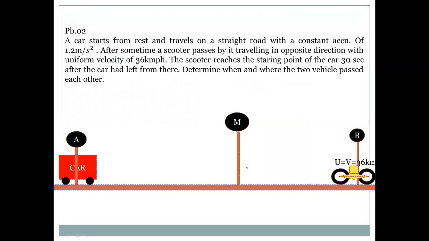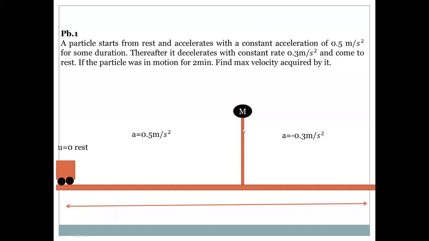Now we will solve some problems on the kinematics. In the last lecture, we solved one problem, that is the basic problem. You can note down this problem. Read the problem. A particle starts from rest and accelerates with a constant acceleration of 0.5 meter per second square for some duration.